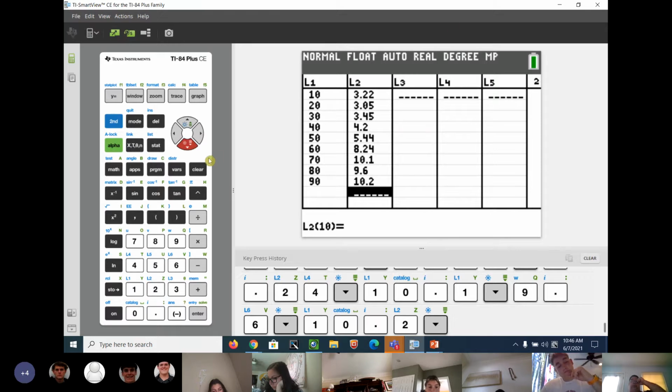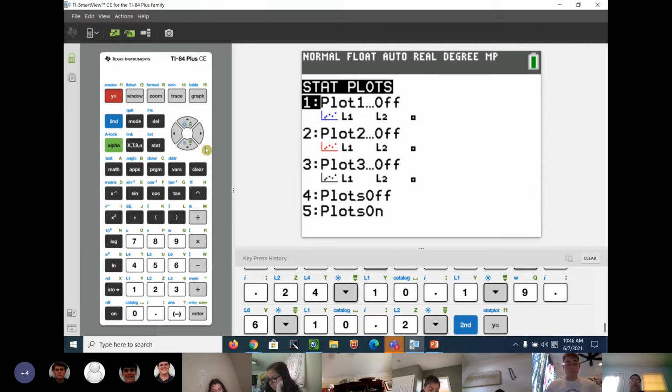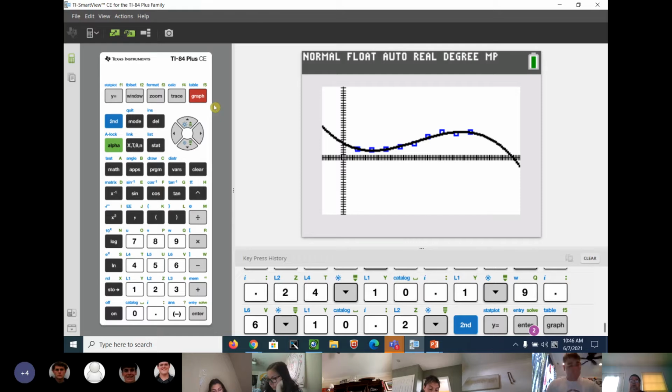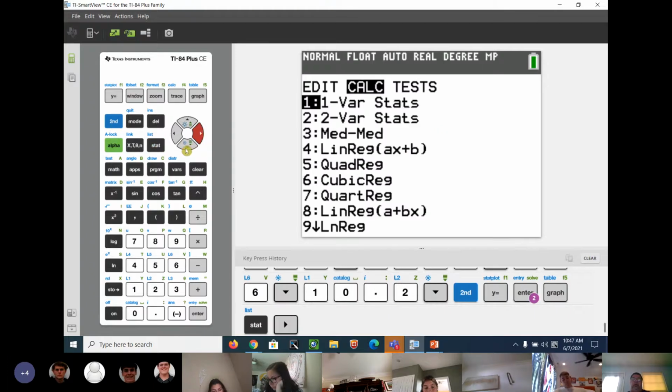And of course, you could do a stat plot. Second, stat plot, on, and graph. Looks like it's a pretty good fit. We're going to do a cubic. So stat, calculate, and let's go with a cubic regression.